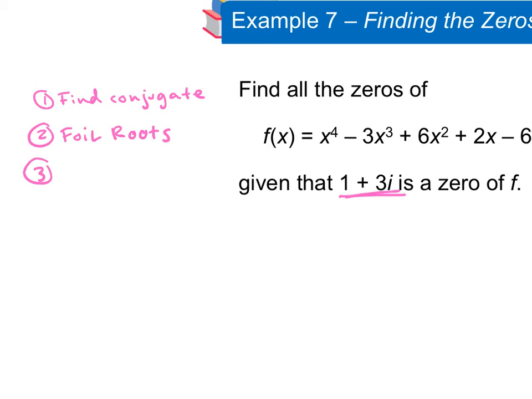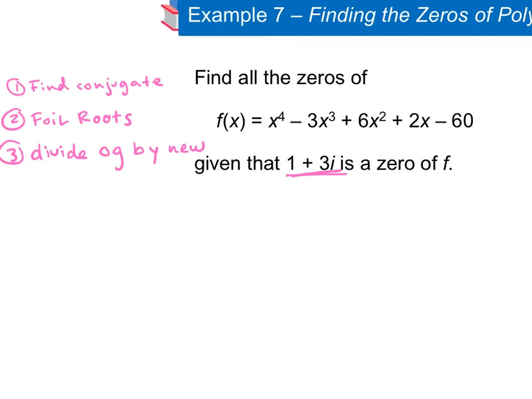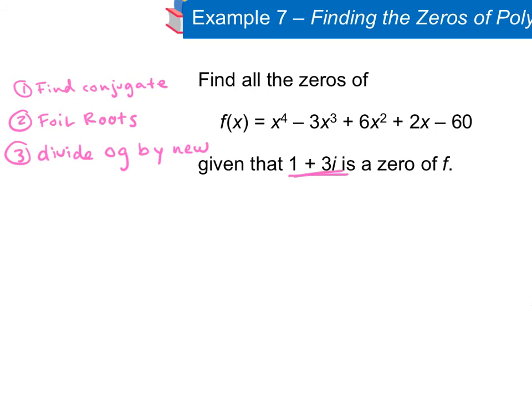And step number 3 is to divide the original by the new polynomial. So these are 3 steps that we follow here. So first we need to find the conjugate. What is the conjugate of 1 plus 3i? 1 minus 3i.